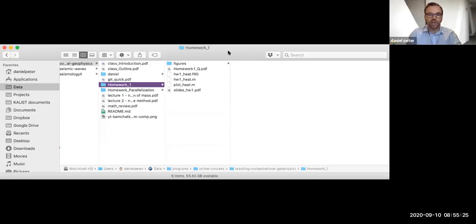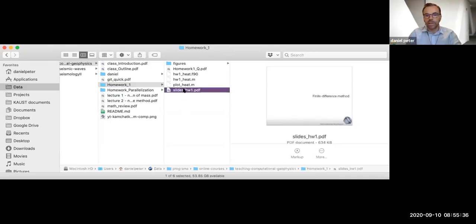I will give you a template code. Let me try to show you quickly the files. So I will put this homework 1 folder onto GitHub, so you can again just git pull the material.